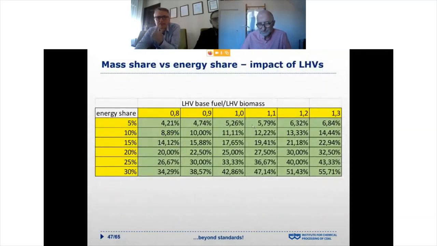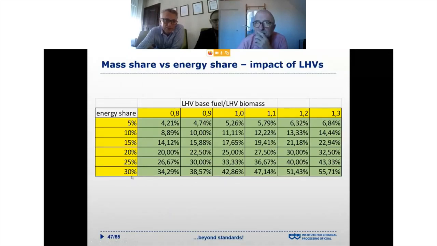Yes, and this is just a table to recalculate the energy share to the mass share. It actually depends on the LHV of the base fuel divided by the LHV of the biomass.